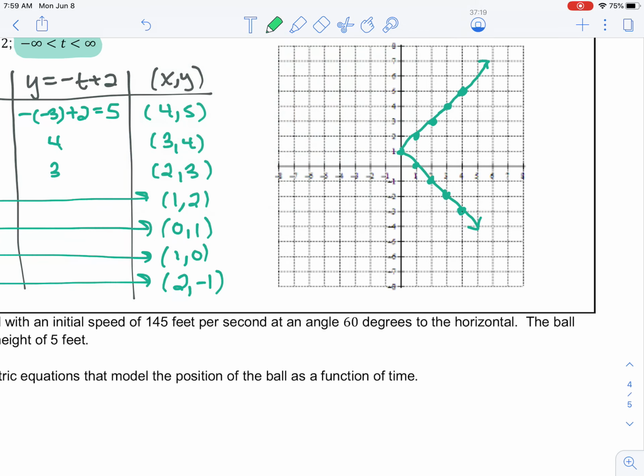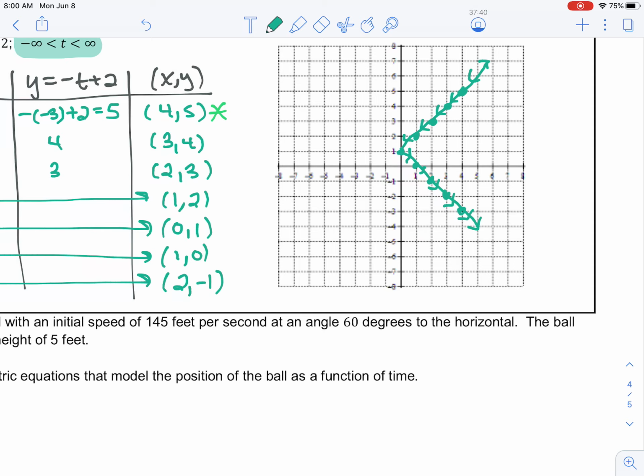So remember that we started here at 4, 5, and then we plotted down towards the y-axis and then down off here towards negative infinity. So we'll just add our directional arrows to this graph to show that we plotted it in this direction.